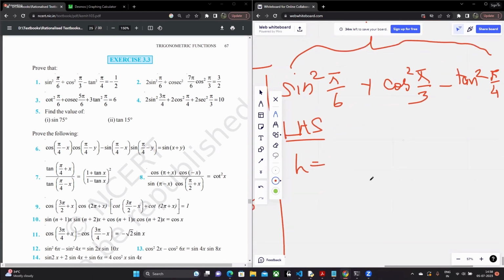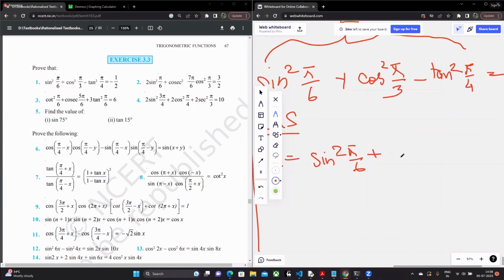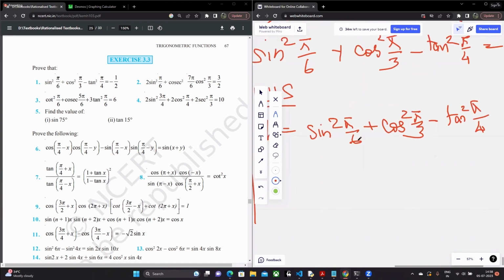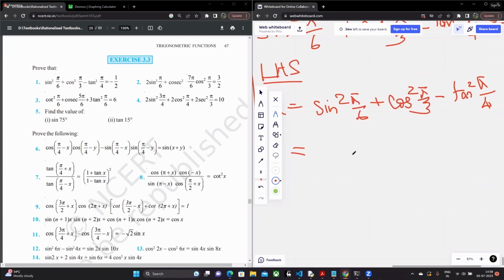So your L is going to be equal to sine squared pi by 6 plus cos squared pi by 3 minus tan squared pi by 4, right? It's a pain writing this again, but I have to write the whole equation, then I have to do this.